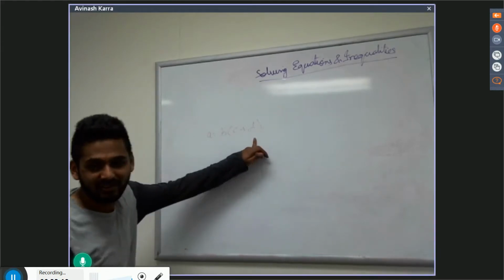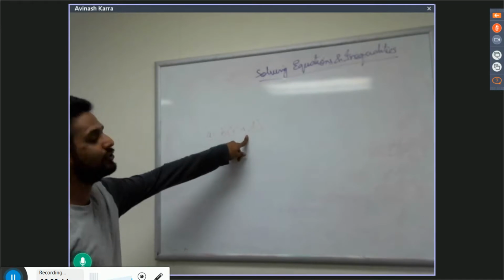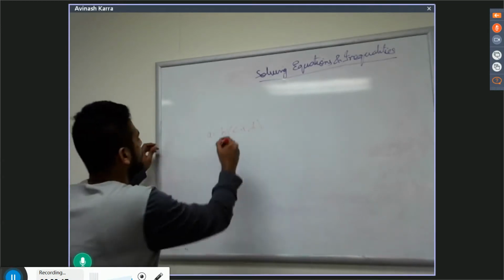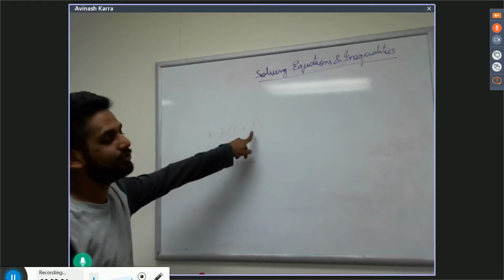Can you see this? A is equal to B into C plus D. Okay, these are parentheses. A is equal to B into C plus D.